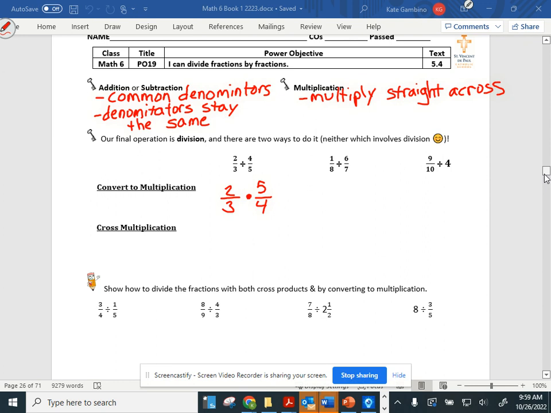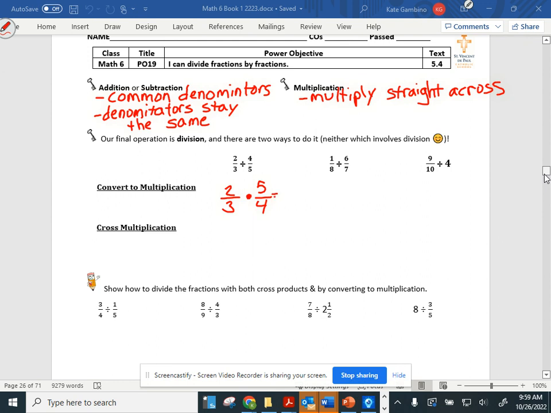So 4/5 had 4 as our numerator, 5 as our denominator. The reciprocal now has 5 as our numerator, 4 as our denominator. So the reciprocal means we flip it. We flip from dividing to multiplying, we flip our second fraction, and then we multiply going across.